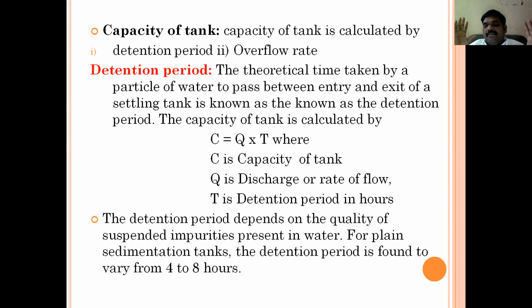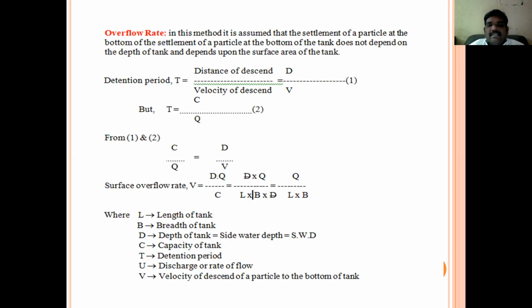So now we'll discuss one nice problem which you may expect, that is, of course, overflow rate. Overflow rate can be calculated, and this we have already discussed, but one more time I'd like to reconnect you to the topic we are going to discuss now.